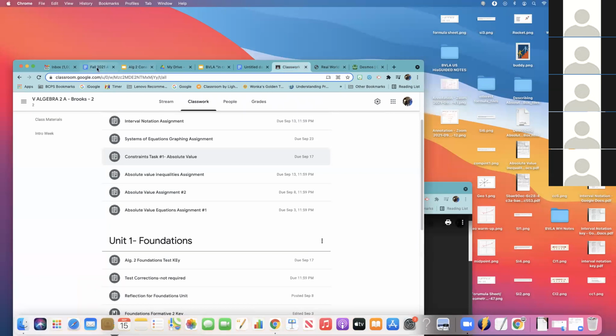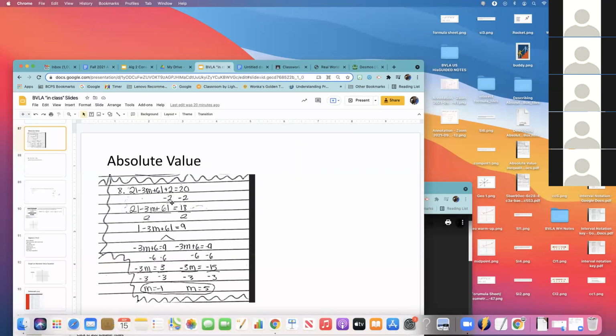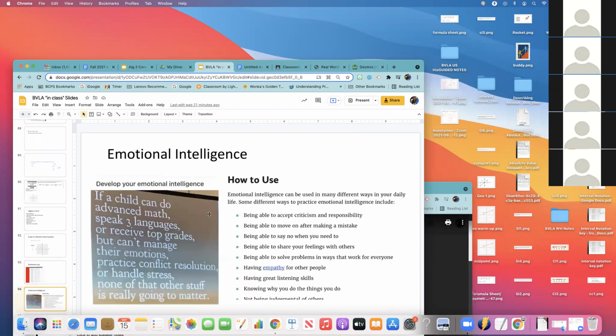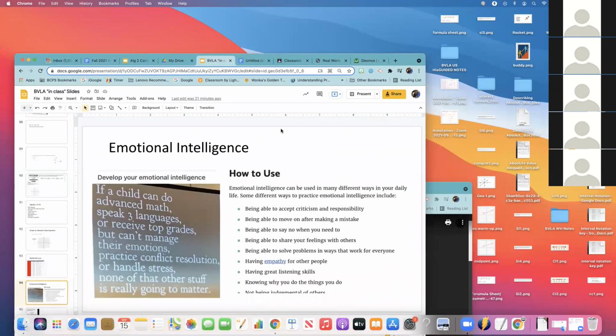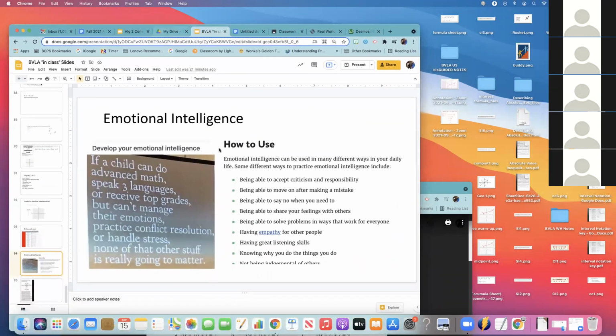Okay, and then there's one more thing I wanted to talk about before I let you go, and that's emotional intelligence. This absolute value is really important to me and I love it, but let's talk about the human side of things.